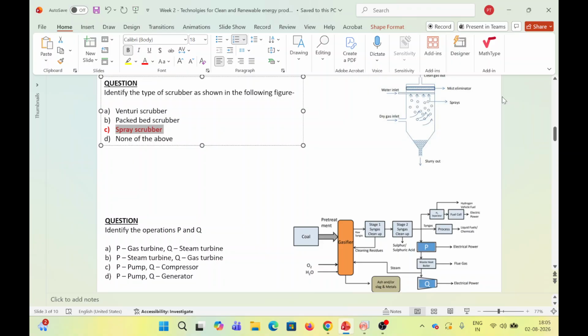What are the advantages of this spray scrubber? Is there any particular advantage that you can think of? Or how does this spray scrubber actually work?